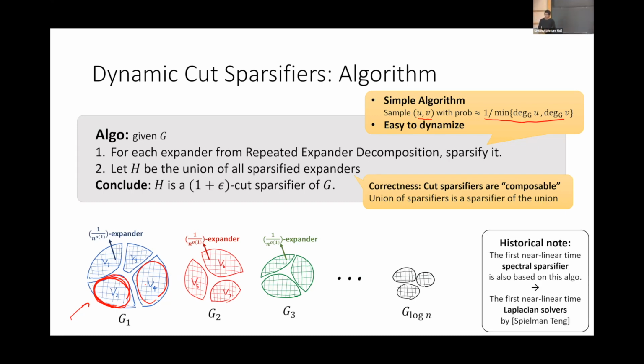And just for the historical note, this actually is the first nearly linear time algorithm for something called a spectral sparsifier too. It's like a generalized version of a cut sparsifier, and it's the first algorithm. It implies the first nearly linear time Laplacian solver. Just want you to know it.